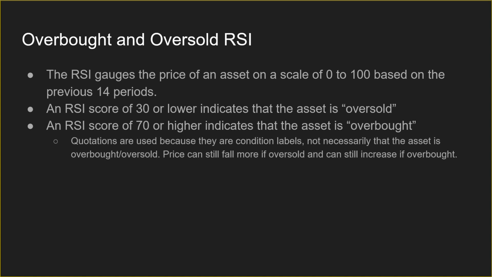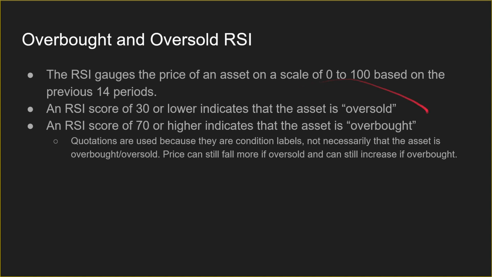It's important to note that these quotations, as we saw above, are used because they are condition labels, not necessarily that the asset is actually overbought or oversold. It's just a condition that indicators will label certain assets.